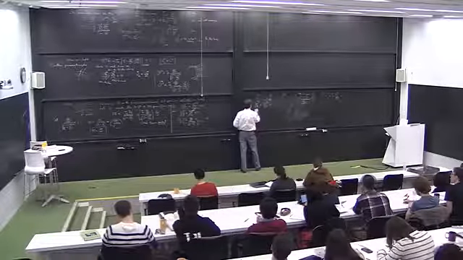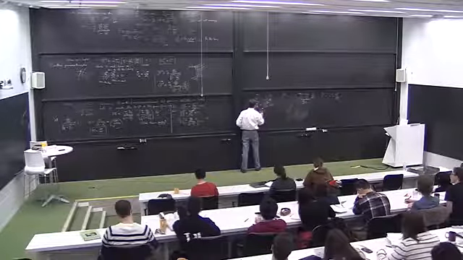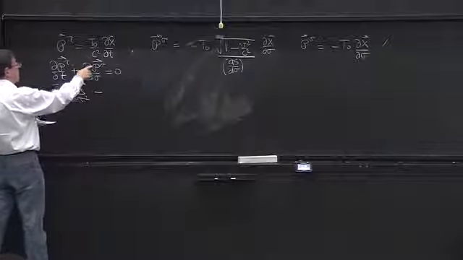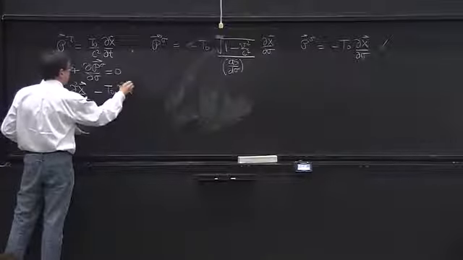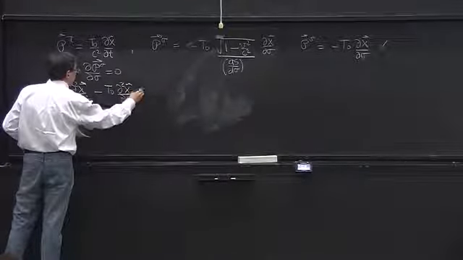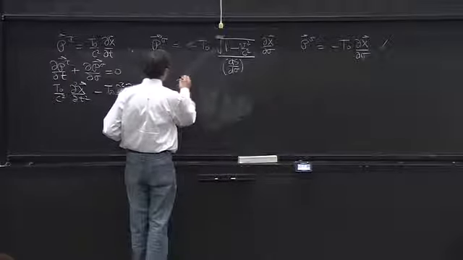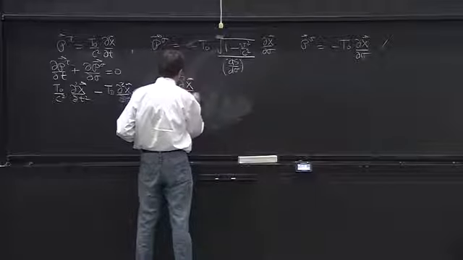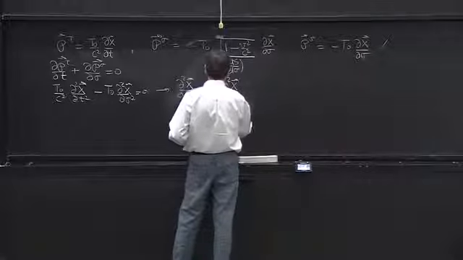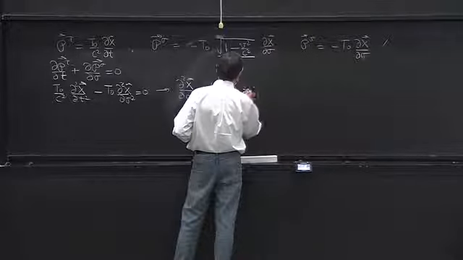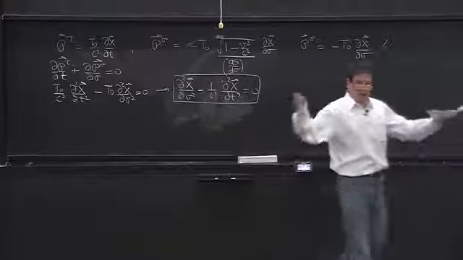P tau will be here t naught over c squared d second x dt squared minus, from the other one, t naught d second x d sigma squared equals 0, which is d second x d sigma squared minus 1 over c squared d second x dt squared equals 0, and you got a wave equation, a free wave equation.